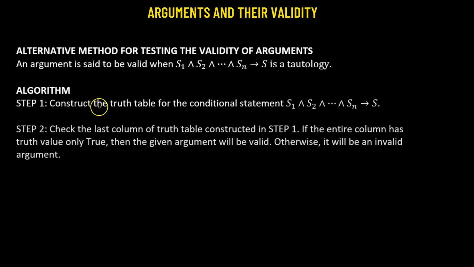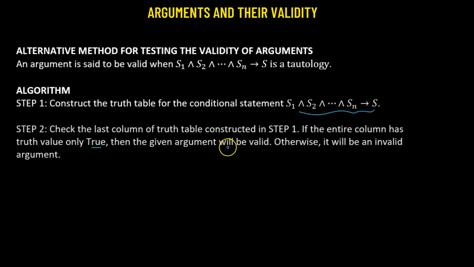So the algorithm will be to construct a truth table for this conditional statement, and then check the last column of the truth table constructed in step 1. If the entire column has only the truth value true, then the given argument will be valid. Otherwise it will be an invalid argument.